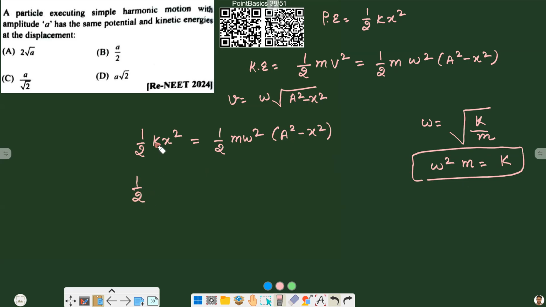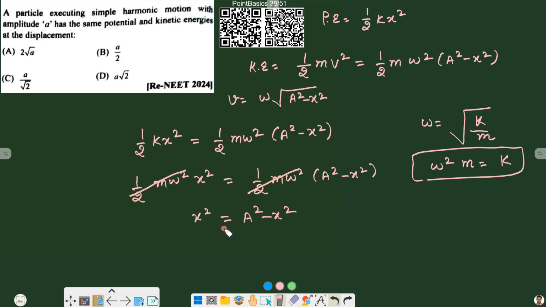So half m omega square x square is equal to half m omega square into a square minus x square. Half omega square m cancels. So x square is equal to a square minus x square, 2x square is equal to a square, and x is equal to plus minus a by root 2. Option C fits our answer.